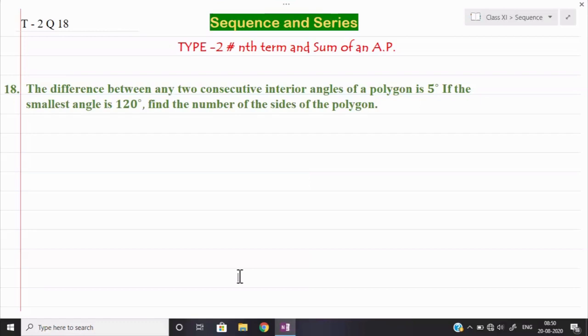Now here one thing I want to make clear. See, they are giving all the information about the angles and they are asking the information about the sides. So remember, in a polygon, whatever the number of sides will be there, the same number of angles will also be there. For example, tell me, in a triangle how many sides are there? Three sides are there. And how many angles are there? Definitely three angles are there.